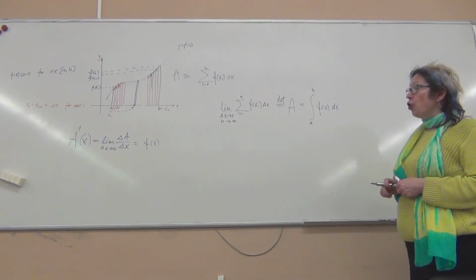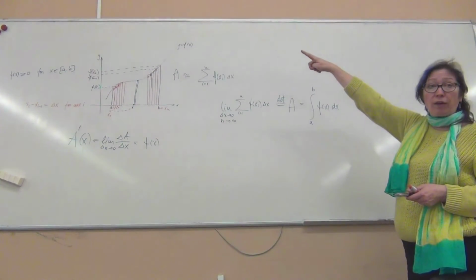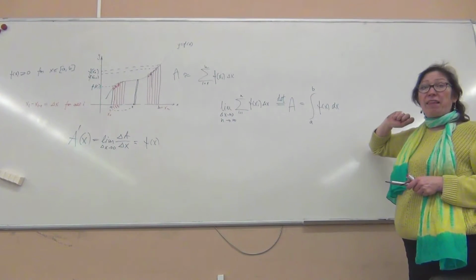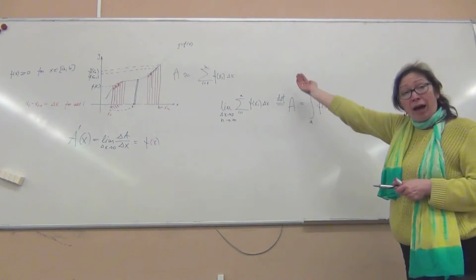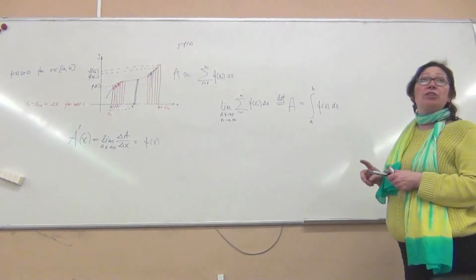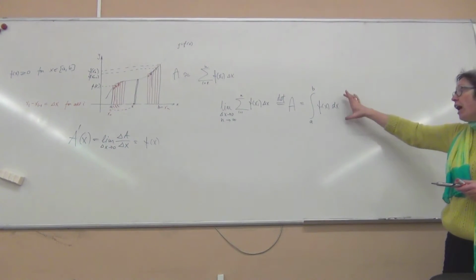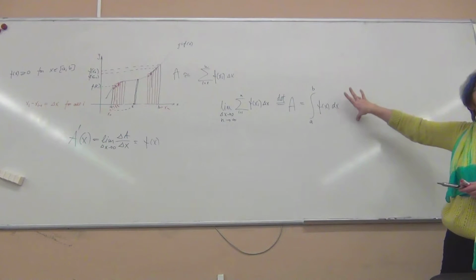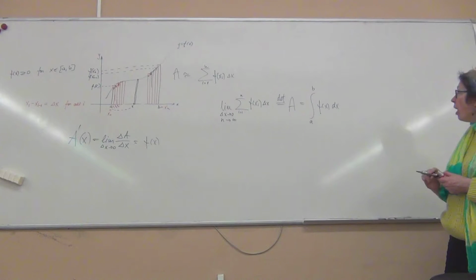So actually I show that if I derive the area, I get the function f of x. In other words, if I find the antiderivative, the primitive function of f of x, I get something connected to the area. And that's why we can say that yes, this does have something to do with the primitive function.